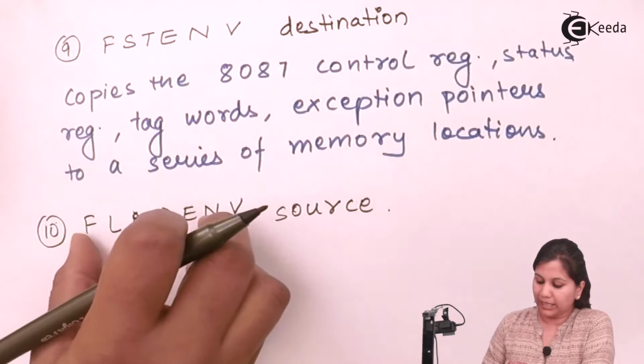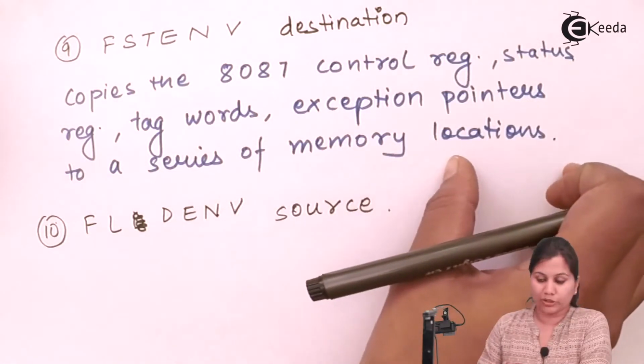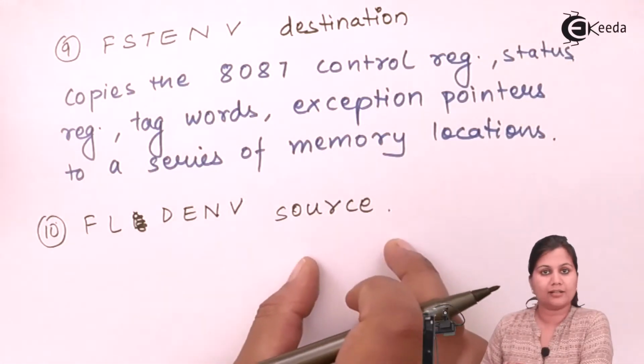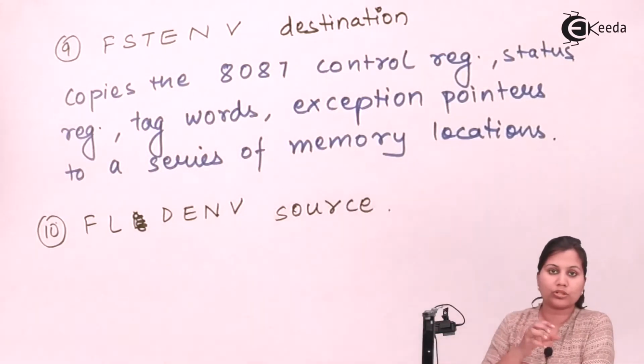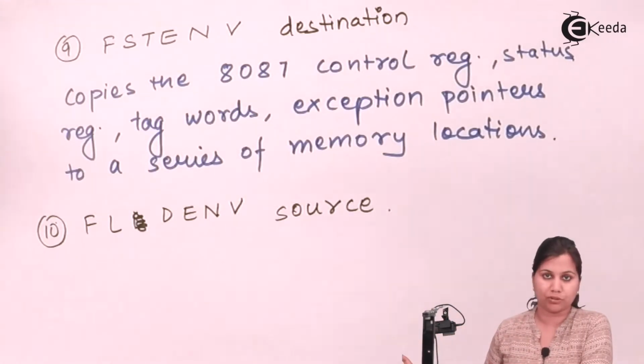All that data which is present at the source memory location will be copied again into the control register, status register, tag words, and the exception flags.